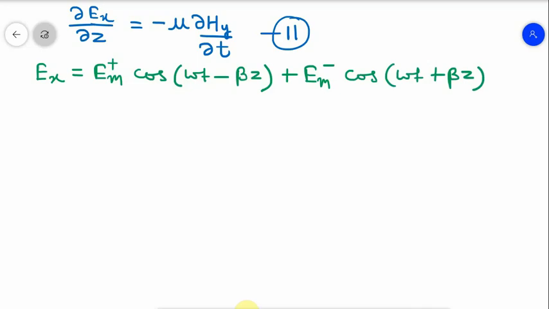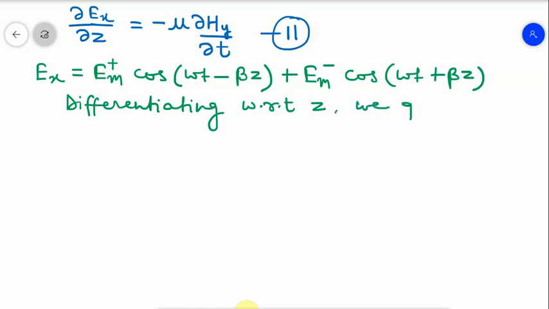Okay, now differentiating the above expression with respect to z, what do we get?